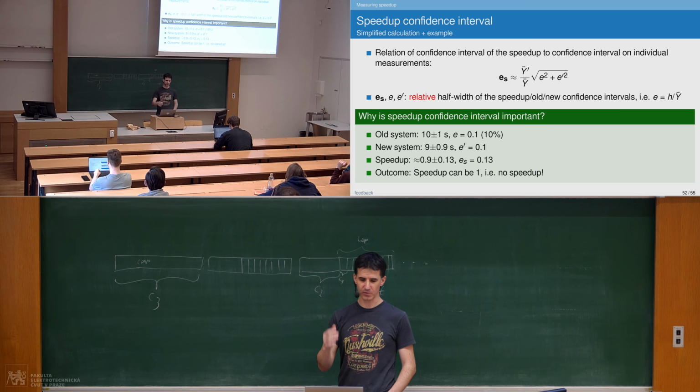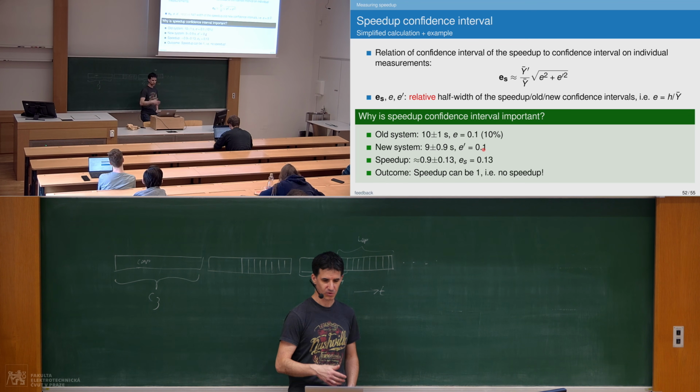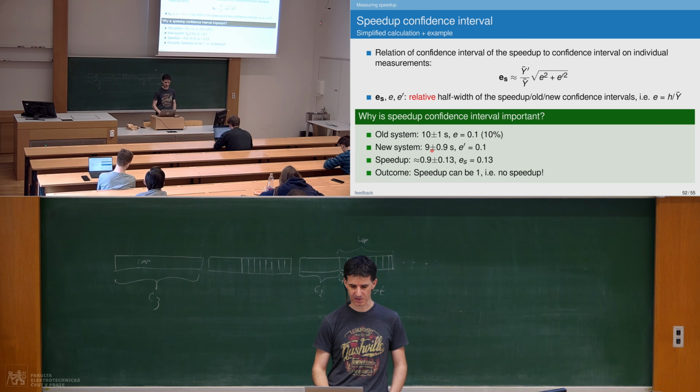We measure, now the execution time is 9 seconds plus minus 0.9 seconds. So again, this relative half-width of the confidence interval is again 10%. So nice. It looks like our program is 10% faster.